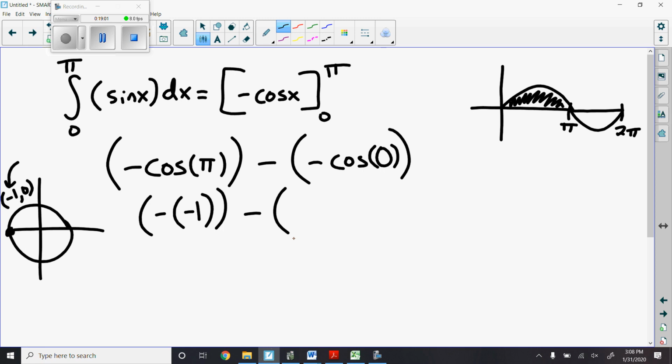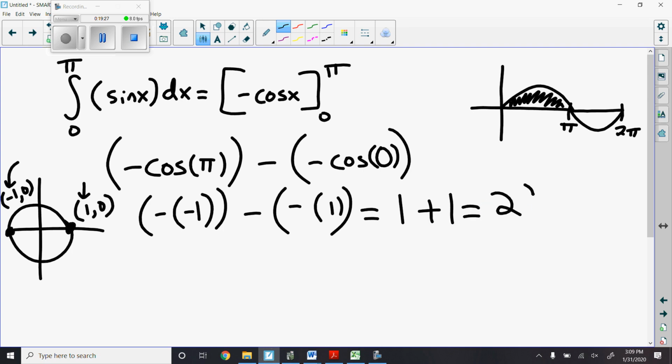I know cosine of 0. 0 is right here. I know cosine of 0 is 1. But again, I have negative cosine of 0, so it gives me negative 1. All right, so negative 1 becomes 1. Again, it's going to be 1 minus negative 1, which is 1 plus 1, which equals 2.